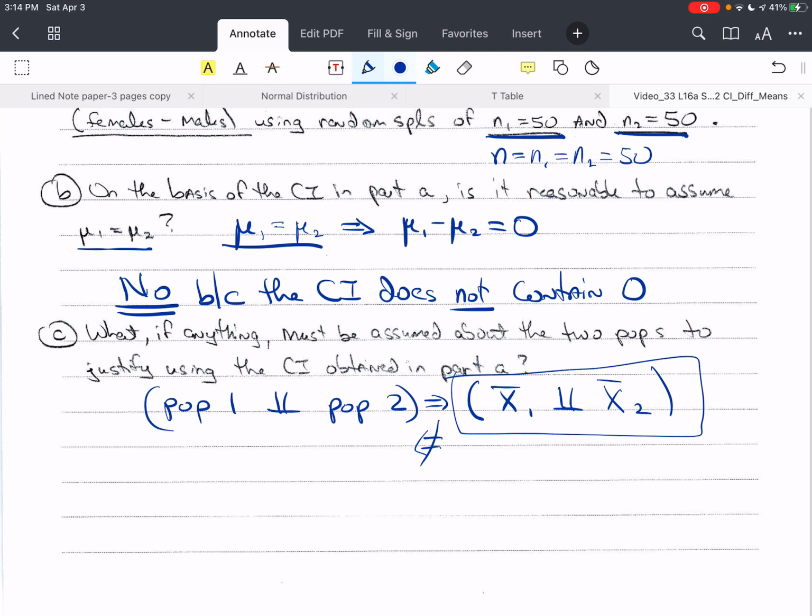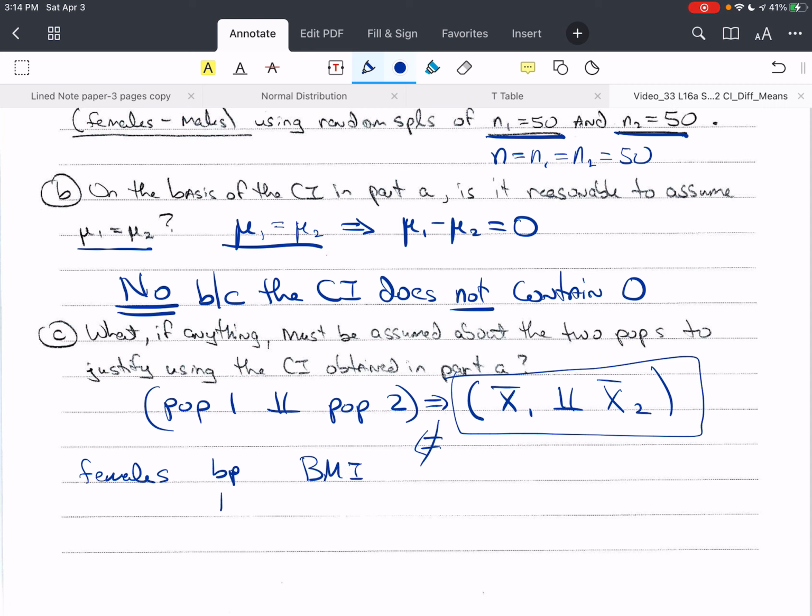Most of the time it's true, but what if I had blood pressure and BMI, but I did females and males? So I did females only, and I said blood pressure, and BMI.